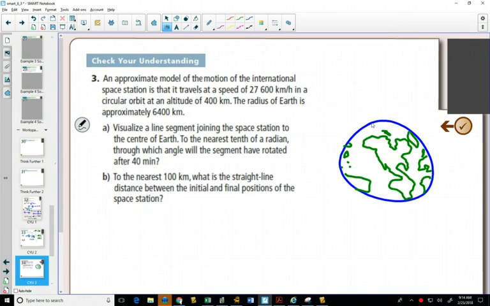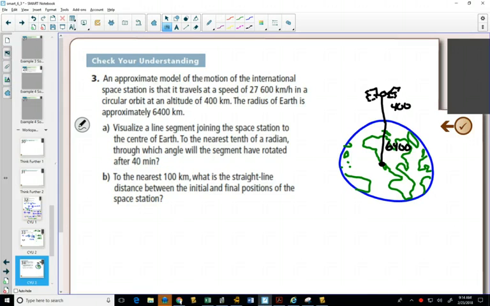And we know that from the center of the Earth our radius is 6,400 kilometers. A space station, we'll draw a pretty little space station up here. Looks like maybe some Star Wars ship instead, but that's okay.